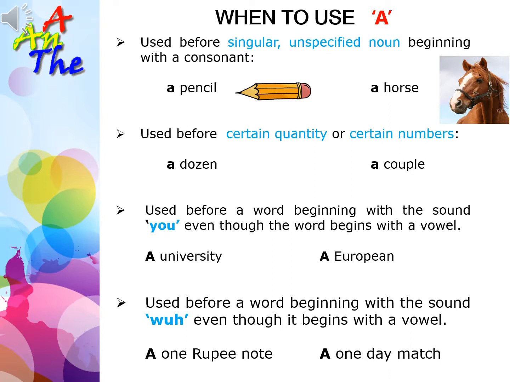For example, a university, a European. Fourth rule, we use a before a word beginning with the sound W, even though it begins with a vowel. For example, a 1 rupee note, a 1-day match. Am I clear?